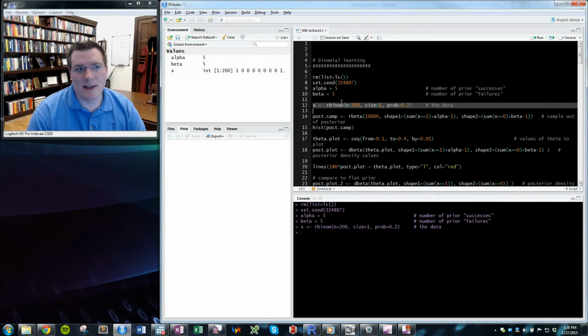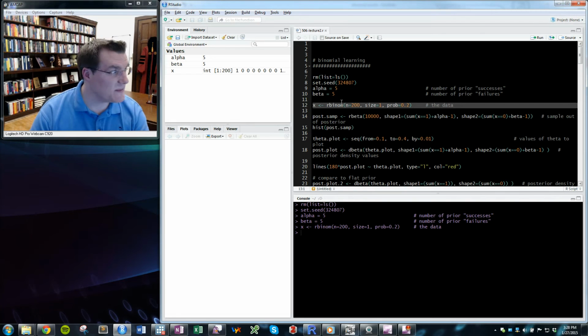Actually, it's centered on 50% probability that x equals 1 with some degree of variation around that estimate. The actual data generating process that we created does not provide a good match to that expectation. I'm doing that to show you how the data can update your beliefs based on what you see happening in your experiment or in your data set.